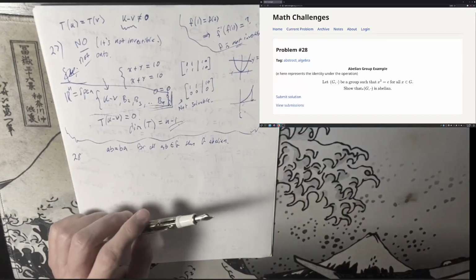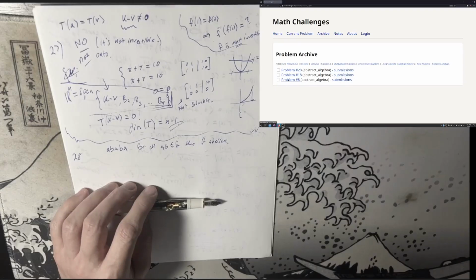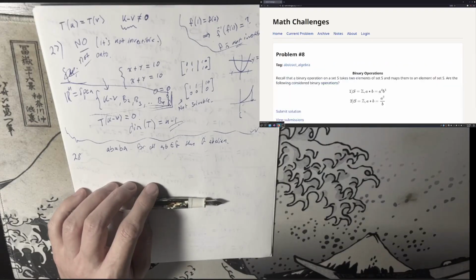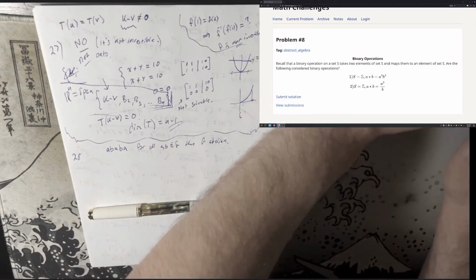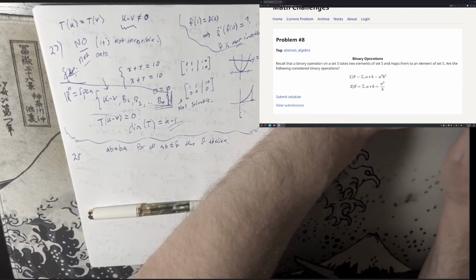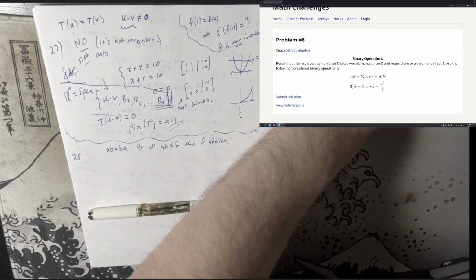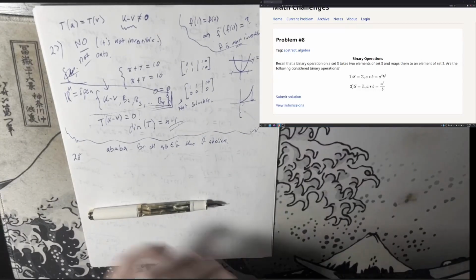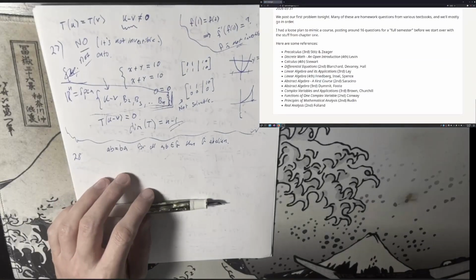So the question is, this is an early one. I'm going basically week by week. So this was chapter 1 of Saracino. If you check the notes, I have references at the bottom.